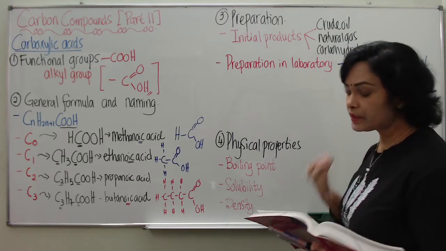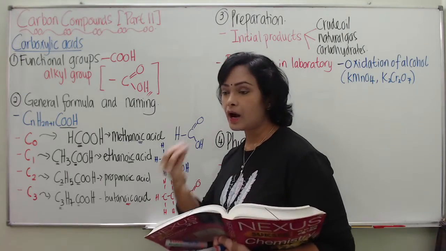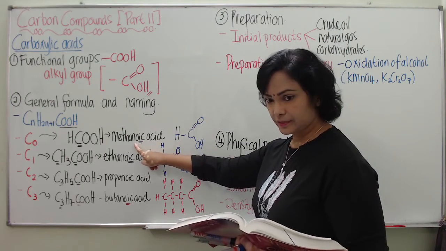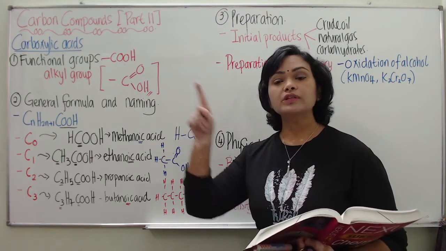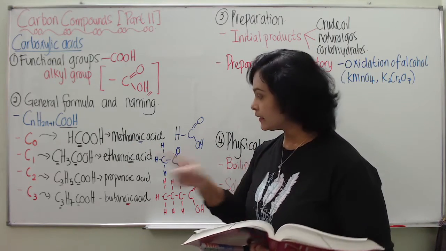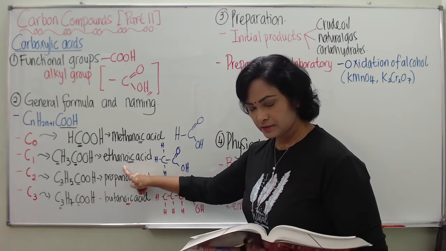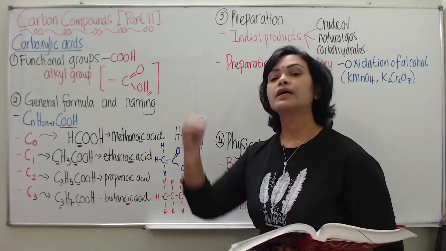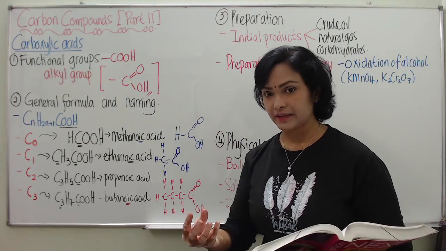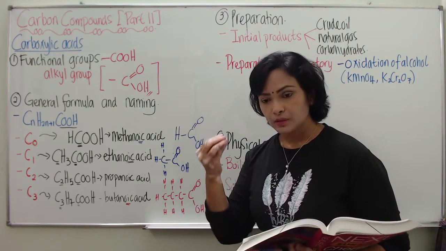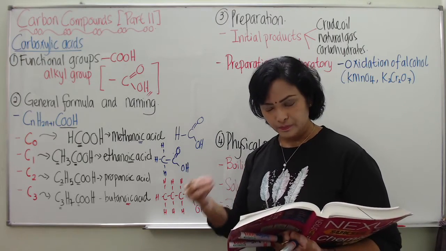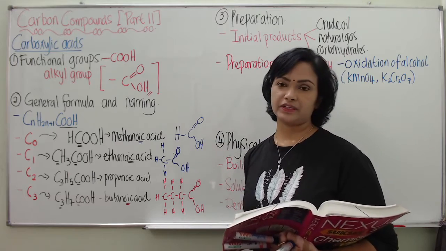Now please remember, if I want to prepare carboxylic acid, namely methanoic acid, please use methanol. If I want to prepare ethanoic acid, please use ethanol. So I hope students can understand that the corresponding alcohol produces the corresponding carboxylic acid.